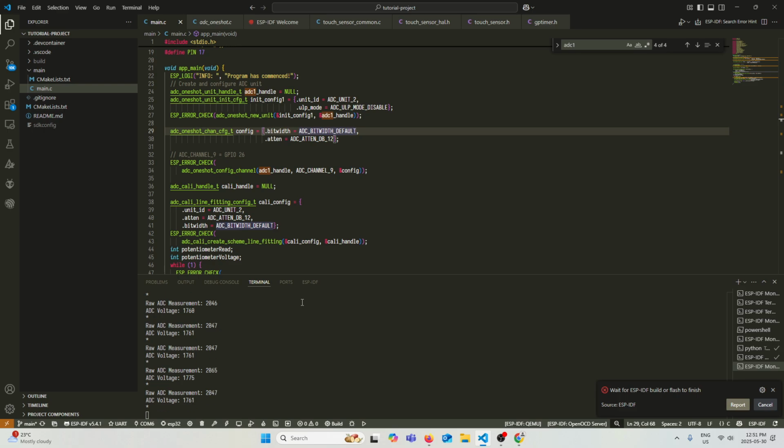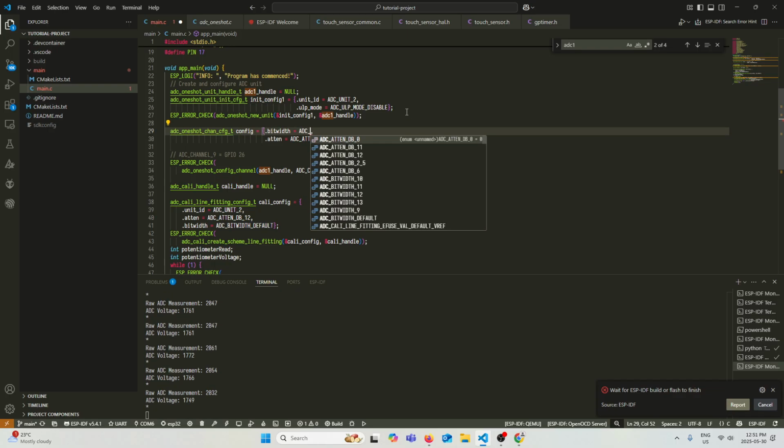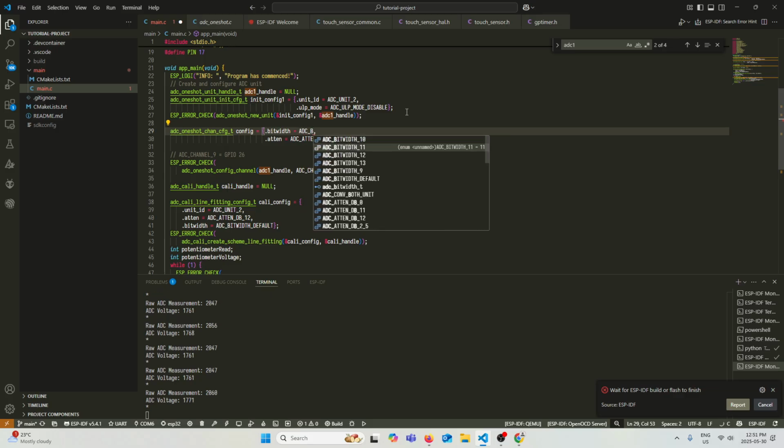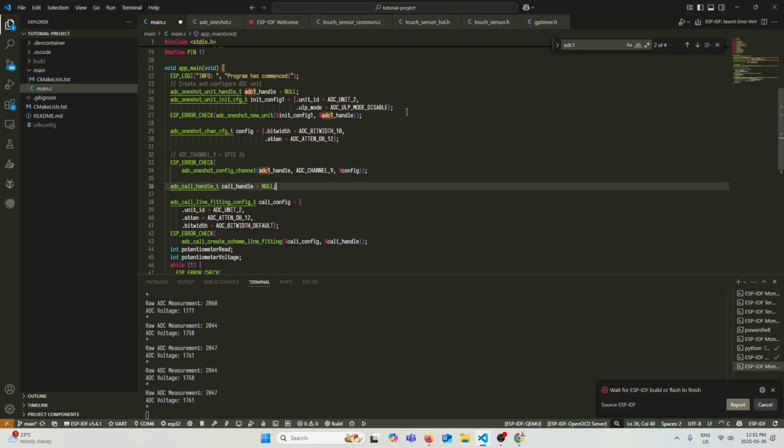Okay. Now let's change the ADC bit width to 10 bits instead.